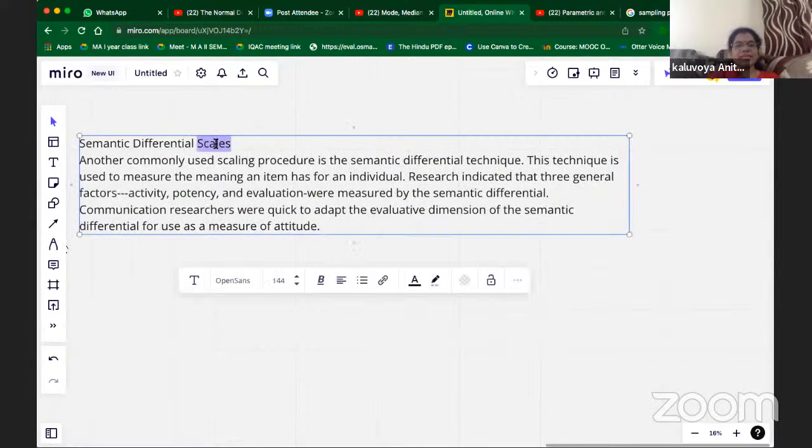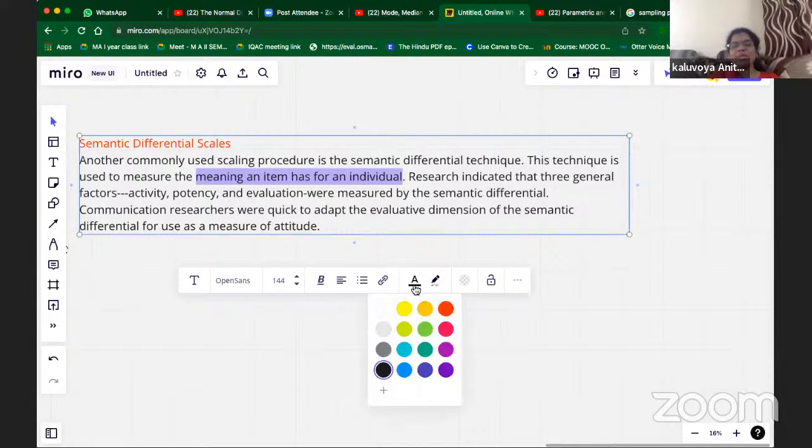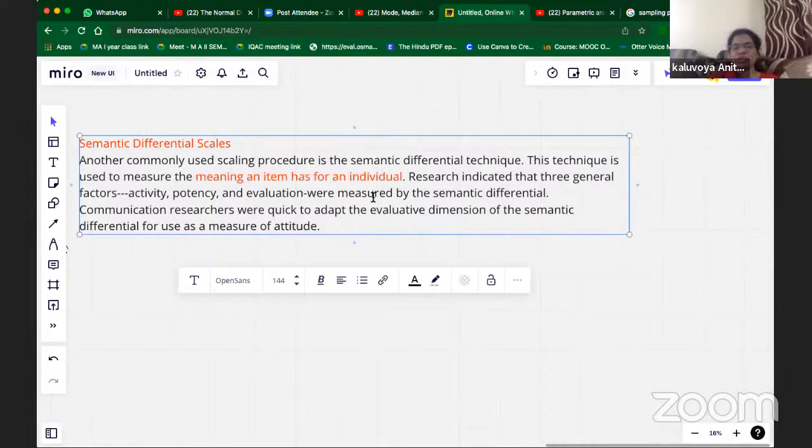Semantic differential scale. What is this? It is another commonly used scaling procedure, the semantic differential technique. This technique is used to measure the meaning an item has for an individual. So, what do you mean about one particular statement that is made in your questionnaire?